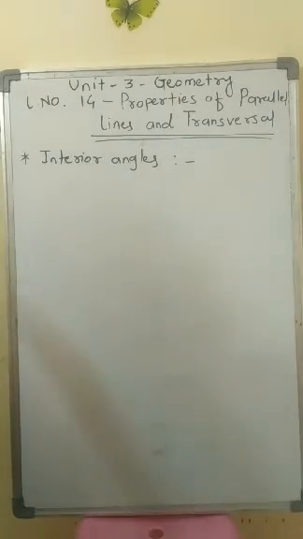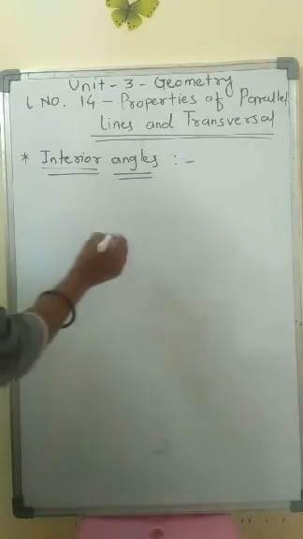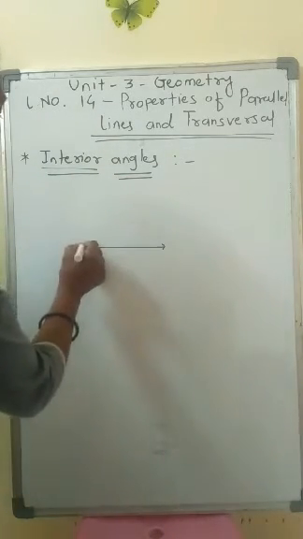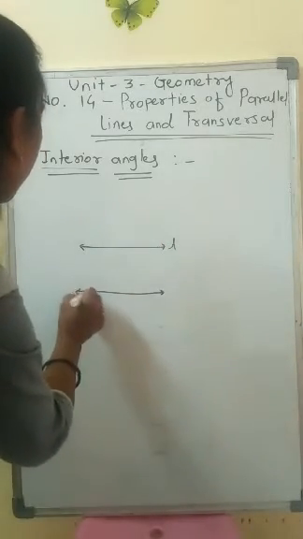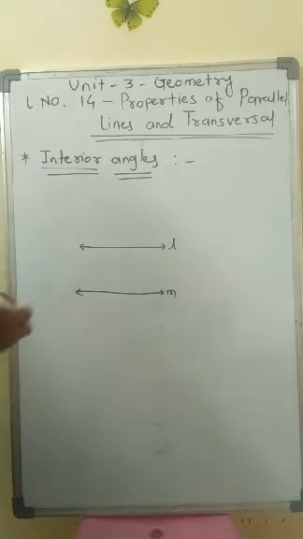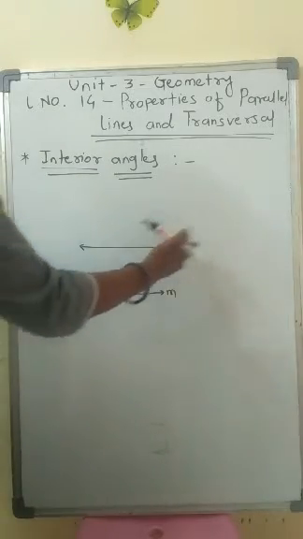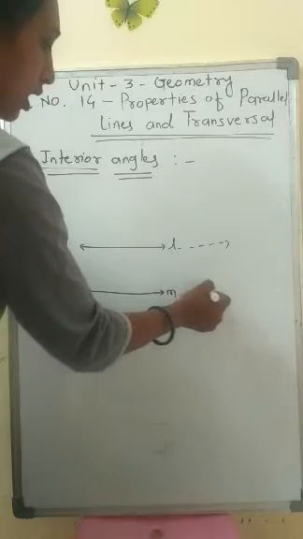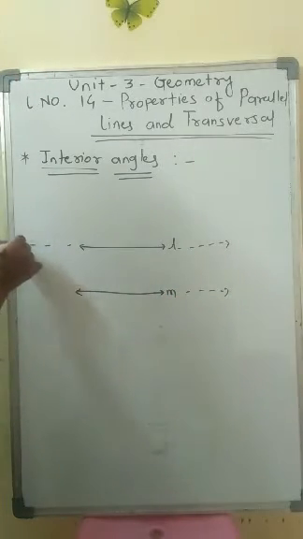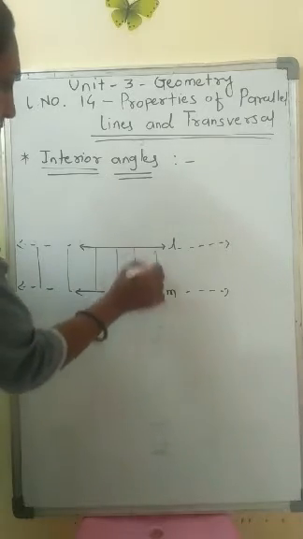First of all, we will see how to form the interior angles. Look here. We draw two parallel lines, line L and line M. Line L and line M are parallel because if you extend these two lines in both directions, the distance between them stays the same.